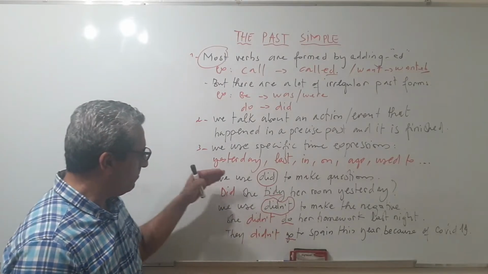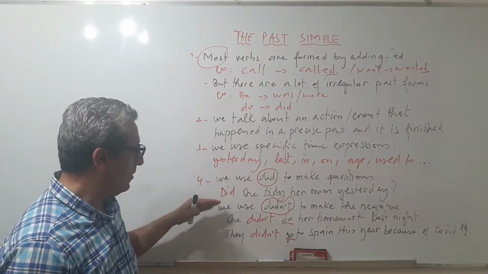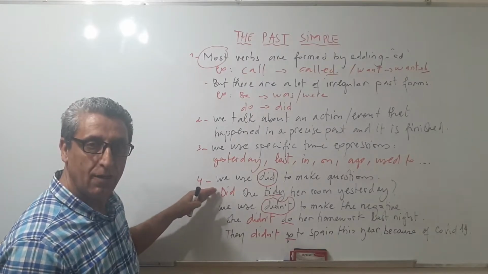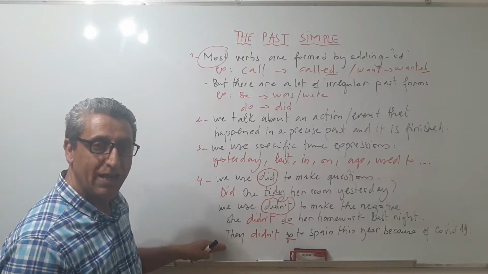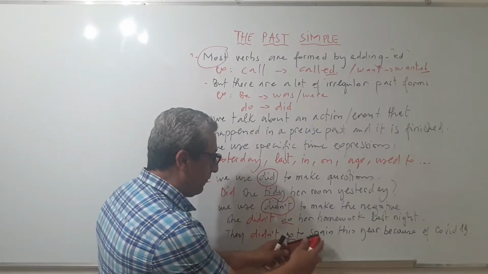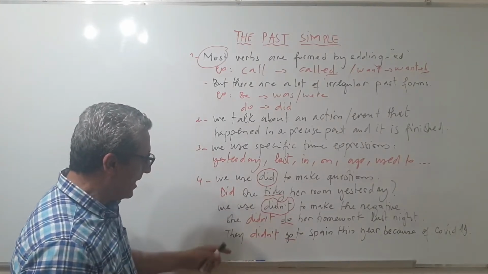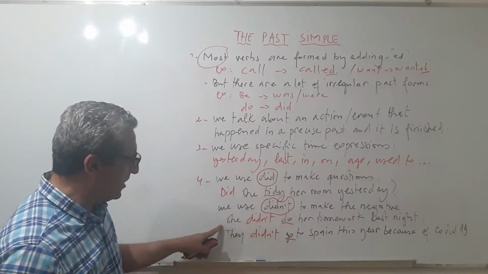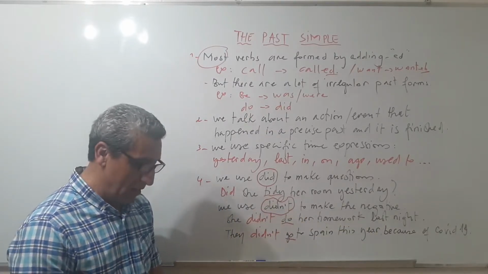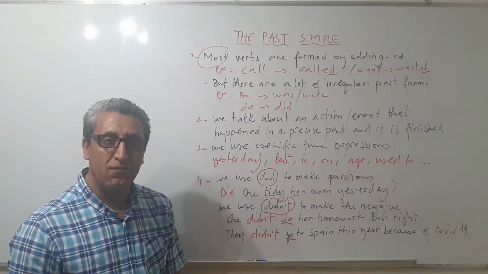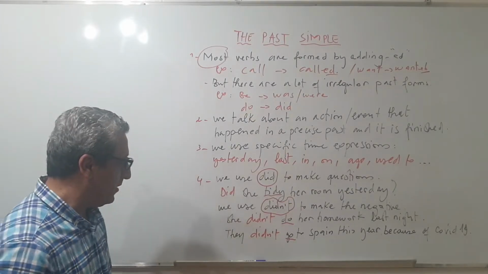Good. So, as I said, in number 4, we talk about the interrogative form and about the negative form. Notice, here, she didn't do her homework last night. What do you think can be the affirmative form? Very simple.